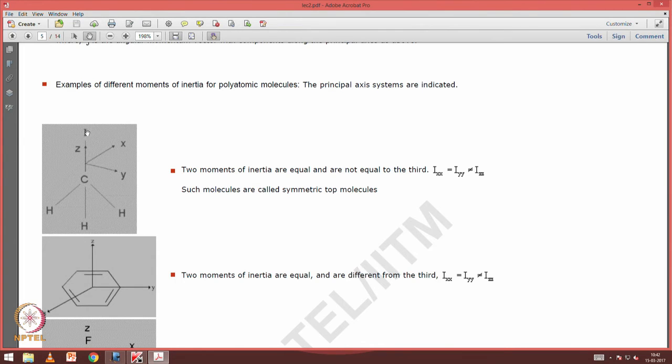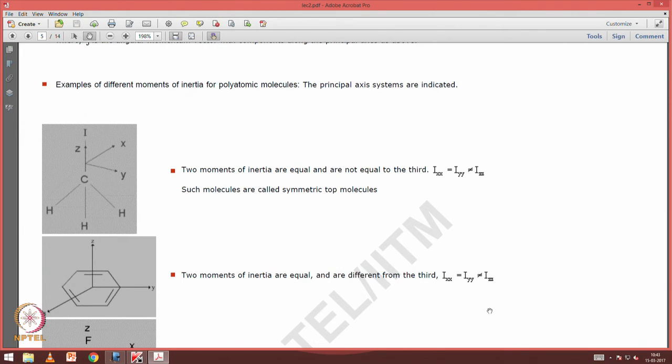Iodine is a very heavy atom and the remaining CH3 are such that the center of mass is somewhere here. Therefore, you have the z axis, the principal axis this way, the x axis perpendicular to that in a plane, and the y axis also perpendicular to both of these in the same plane. The x, y moments of inertia can be calculated to be the same and they are different from the z axis, and this is an example of a symmetric top.